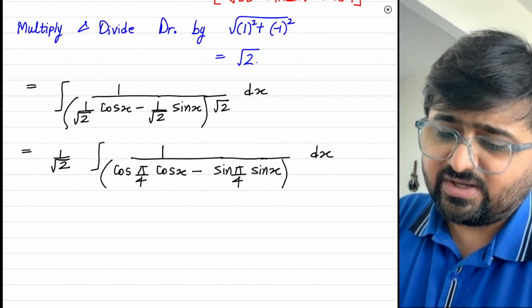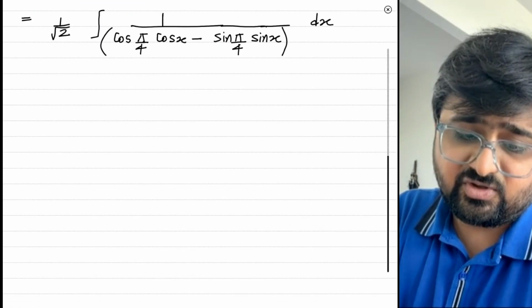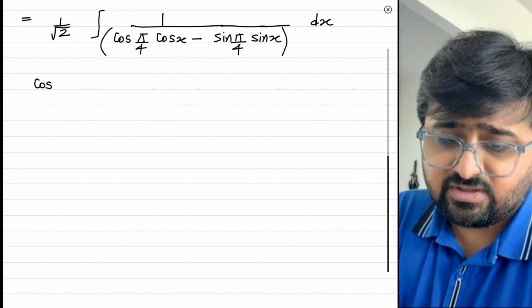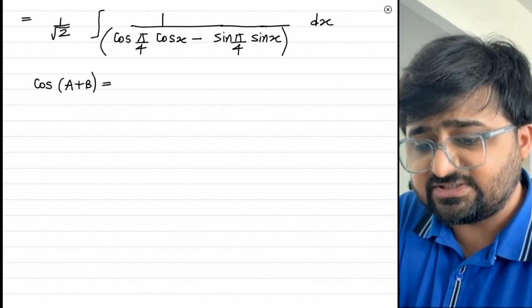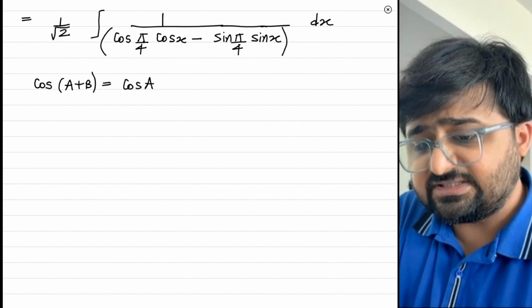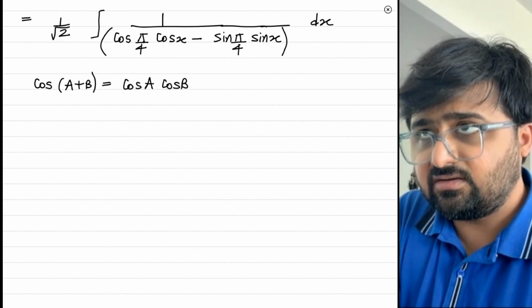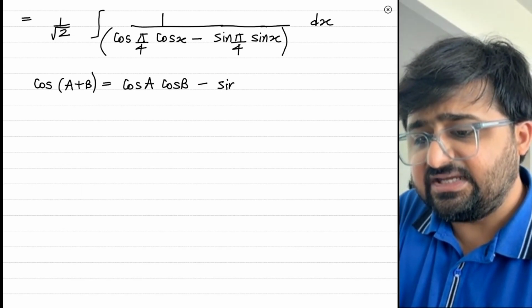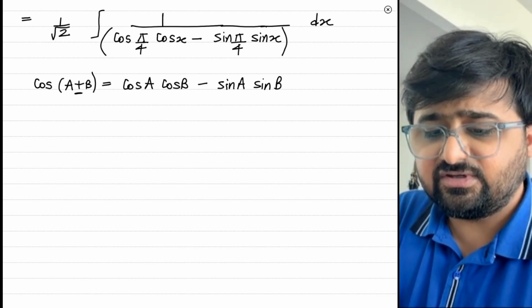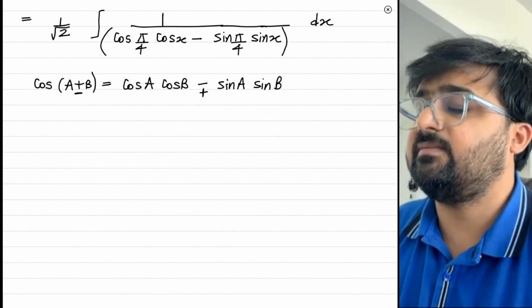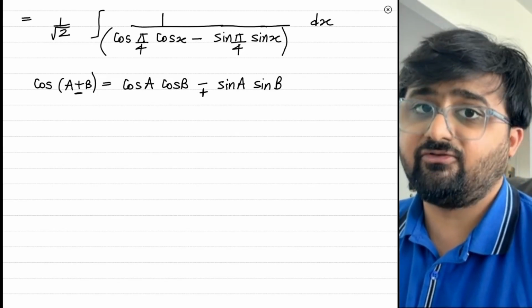How can I apply the compound angle formula? We know the formula of cos of a plus b is cos a cos b minus sine a sine b. And if it was a negative here, there would have been a positive here. That's how the compound angle formula of cos works.